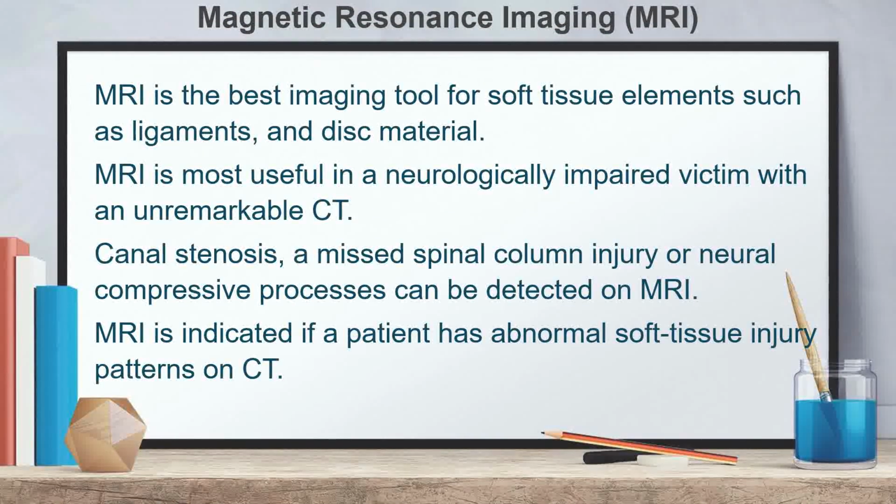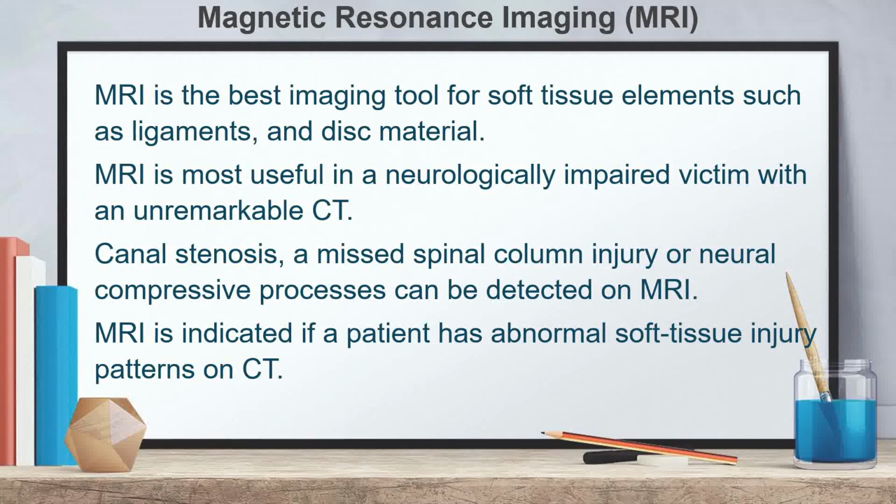Magnetic resonance imaging or MRI of the spine provides the best imaging of soft tissue elements such as ligaments and disc material. MRI is most useful in patients whose CT scanning does not clarify the neurological status, that is, in a neurologically impaired victim with an unremarkable CT.